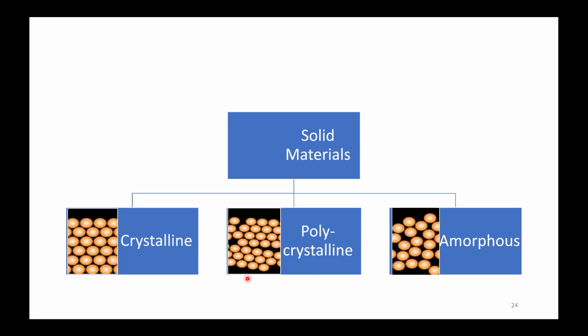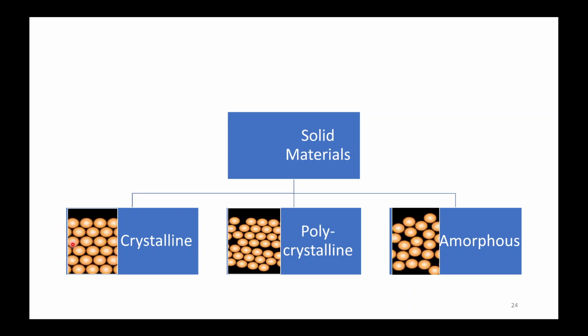Now solid materials, depending on the arrangement of the atoms inside them, can be classified into three types. They can be either crystalline, polycrystalline, or amorphous. In case of crystalline, they will have long range ordering between atoms.